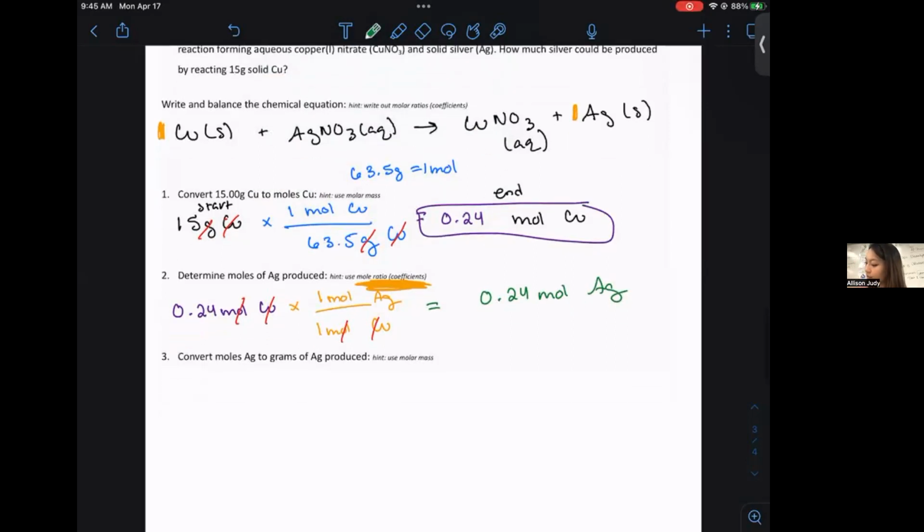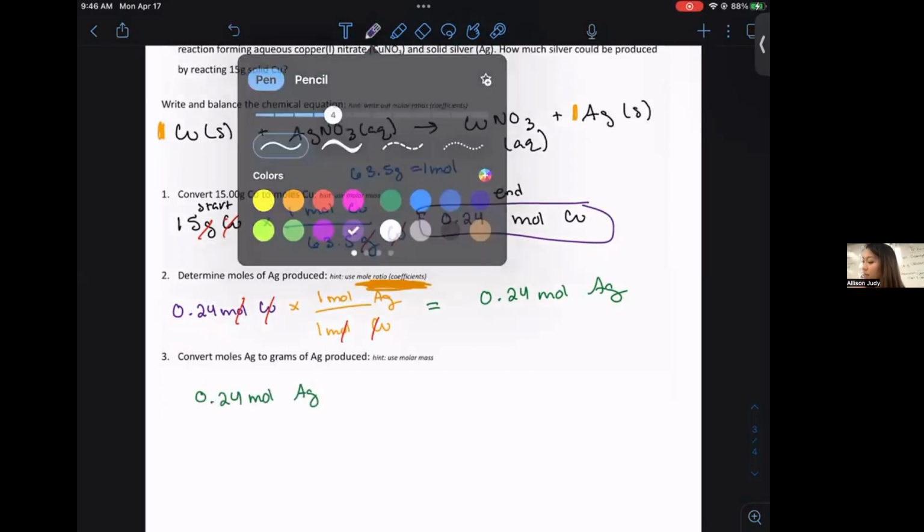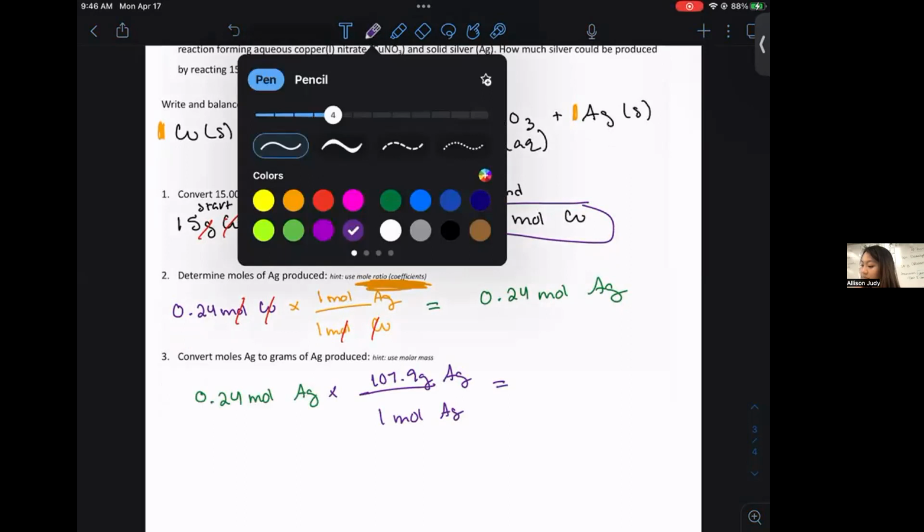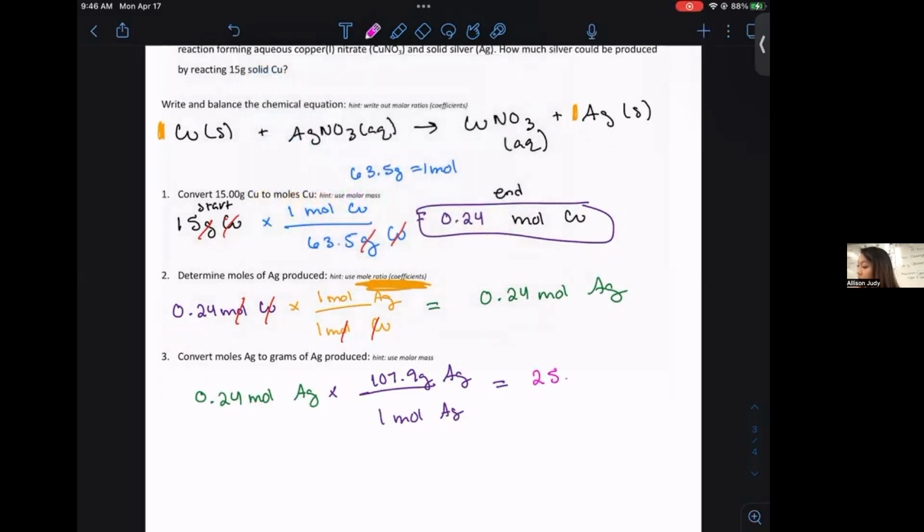So I have 0.24 moles of silver and I want to get to grams. I know that the molar mass of silver is 107.9 grams of silver for every 1 mole of silver. So what's my value, Min? 24.9 grams of silver.